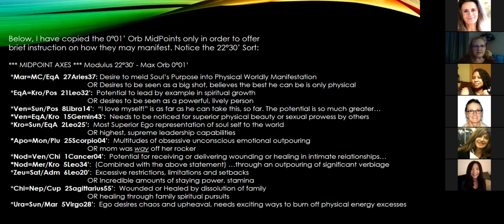The next is the Venus equaling the Sun Poseidon midpoint. So right now, you will hear him say, "I love myself," so frequently. He says it a lot. And that's as far as he can go right now, but he's got a greater potential here.